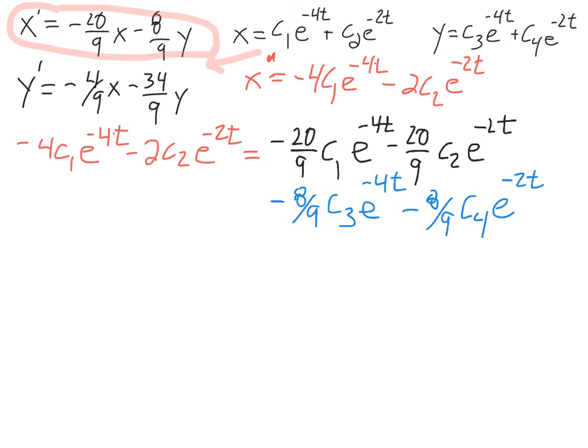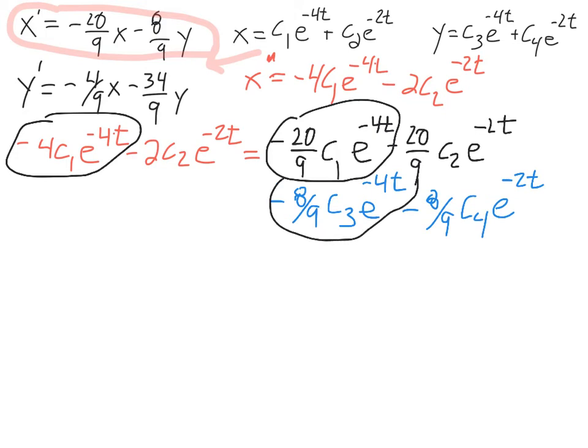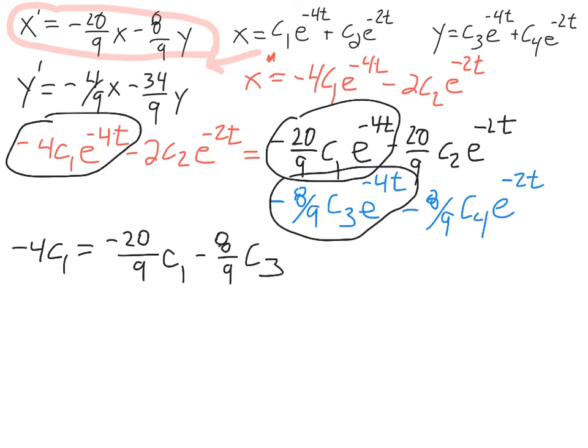Taking all of the e to the minus 4t terms together gives me minus 4 C1 is equal to minus 2/9 C1 minus 8/9 C3.